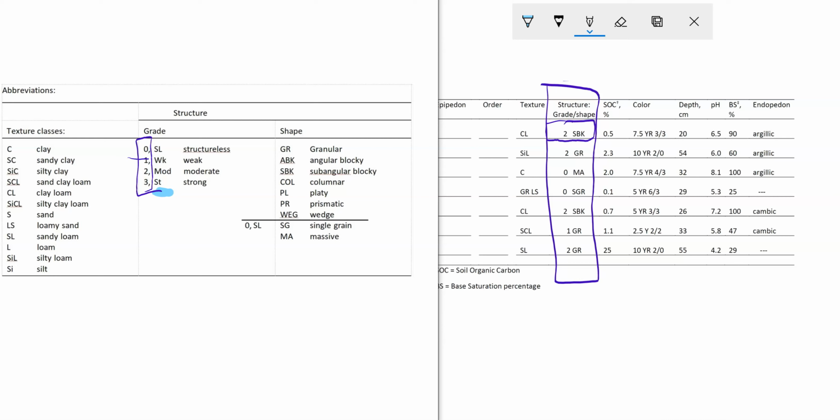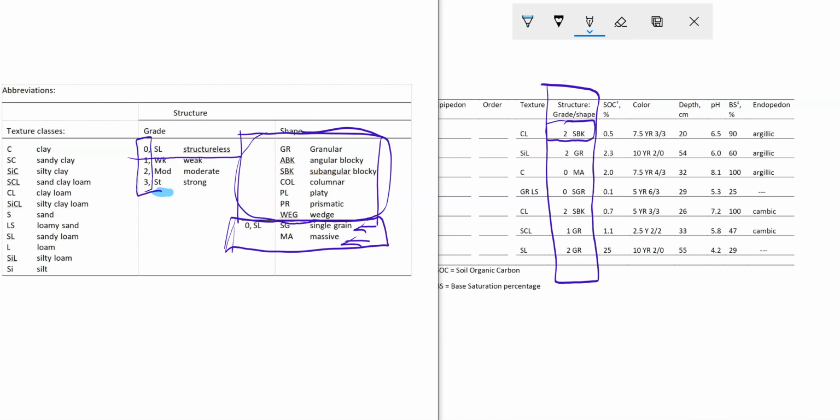Now, in order to decide if it's got structure, we need to know that anything that is not structureless has structure. There are only two types of things that we encounter that are structureless soils, and those are single grain and massive. Anything else in this list is a structural unit. So when we ask the question, does it have structure, we're asking, does it fall in this group up here?